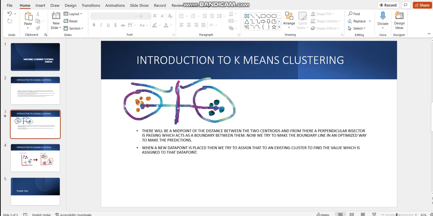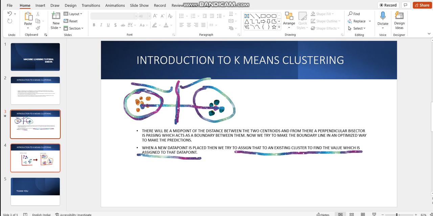This is exactly what the algorithm of K-means clustering is. Whenever we encounter a new data point, we try to assign it to an existing cluster, to find the value which is assigned to that data point.